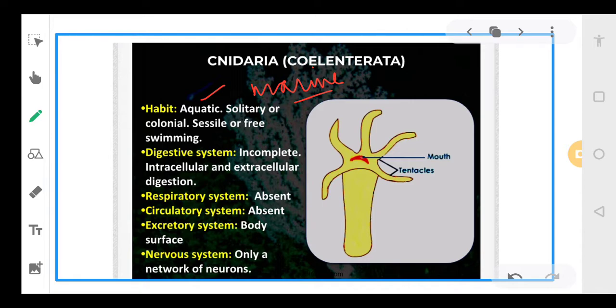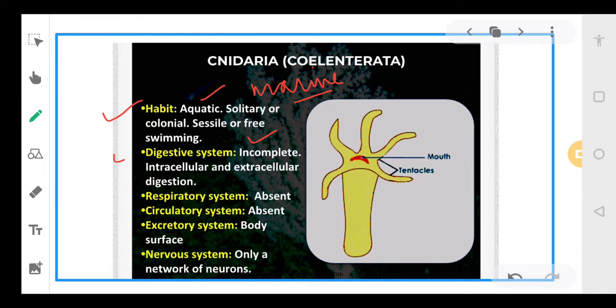They may be solitary, living individually, or colonial, living in colonies.